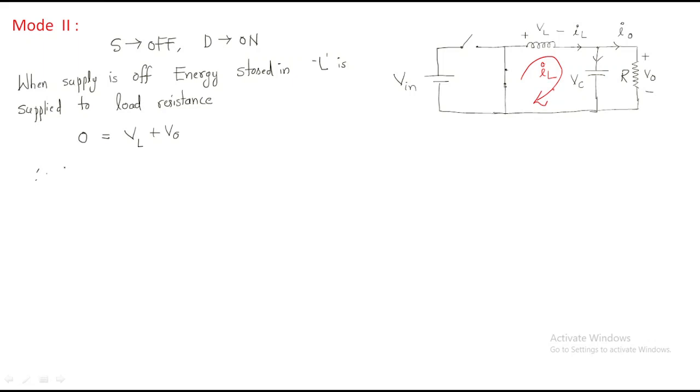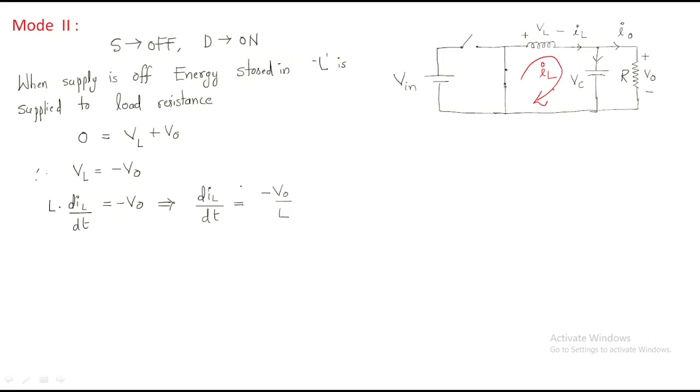From this we can find the VL value equal to minus V0. Again, what is VL? VL equals L into dIL by dt, equal to minus V0. From this we can write dIL by dt equal to minus V0 by L.